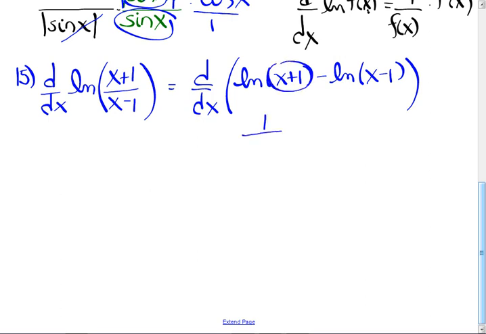It's 1 over the function times the derivative of x plus 1 minus, okay, Casey, what's this one? 1 over x minus 1 times the derivative of x minus 1. And don't worry about getting common denominators. It's fine. Just leave it. That is simple. If I did 1 over this quotient here times the derivative of the quotient, that would not be simple.